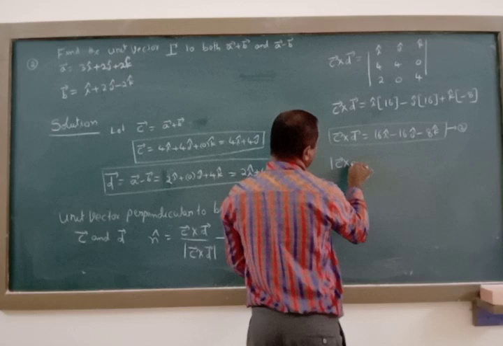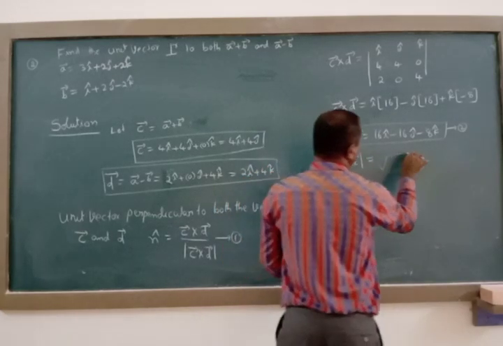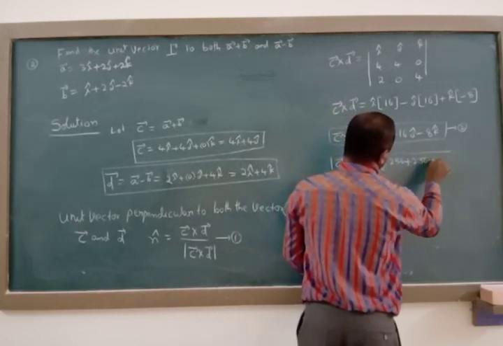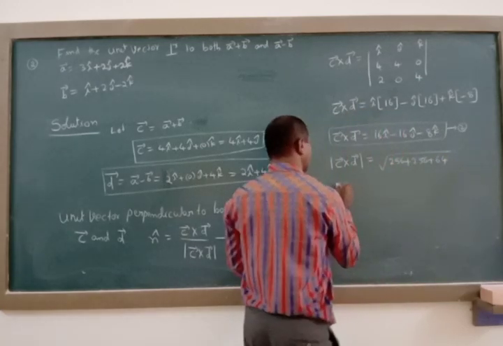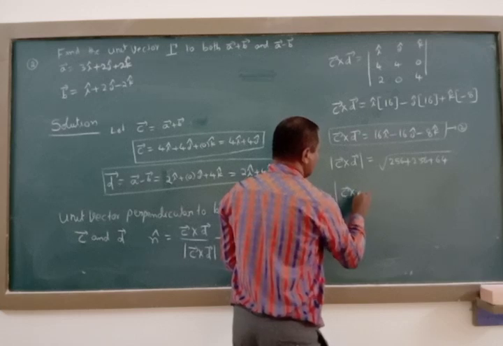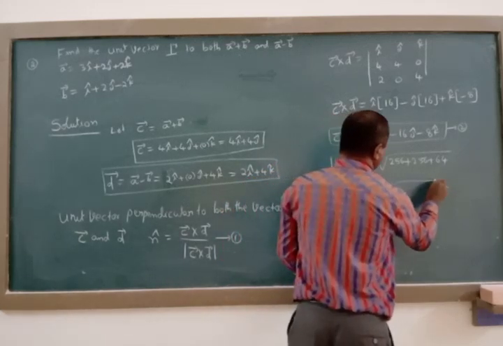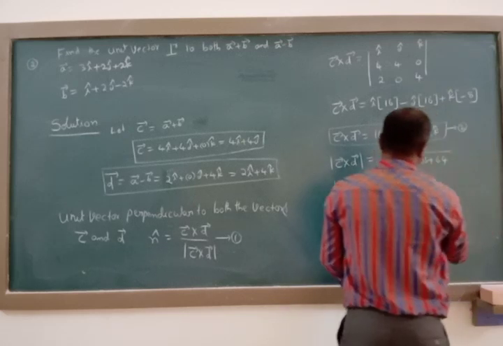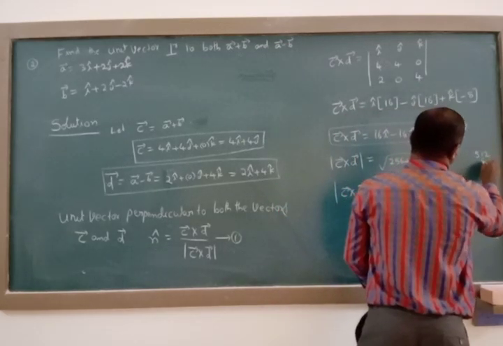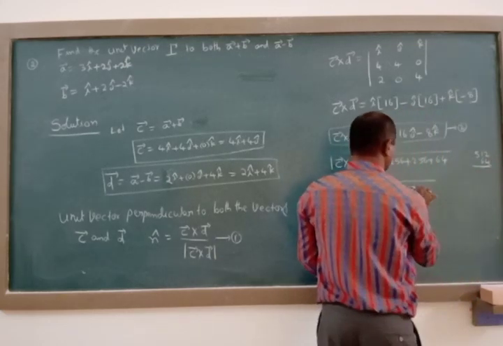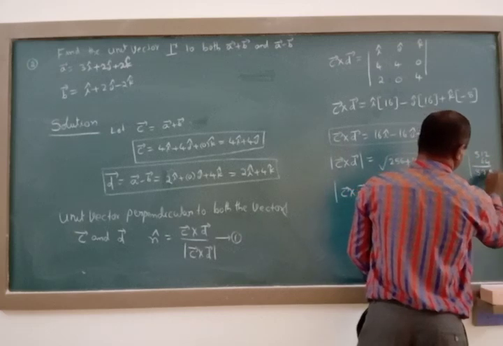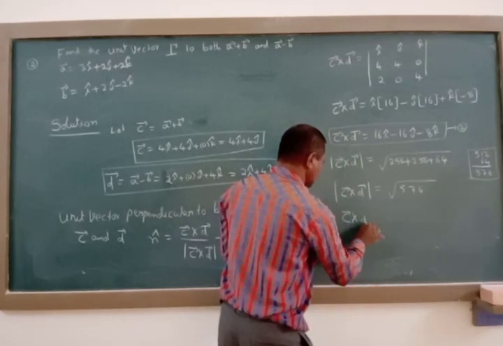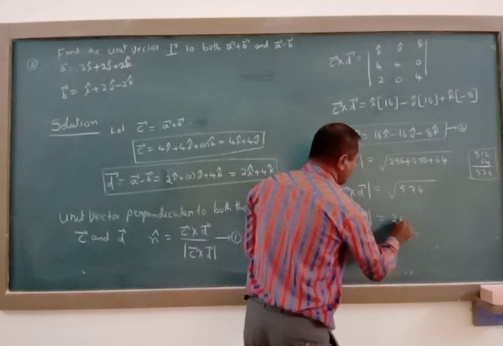Magnitude of c vector cross d vector is equal to the square root of 16 square, 256, plus minus 16 square, 256, plus 8 square, 64. 512 plus 64 means 576. Square root of 576 becomes 24.